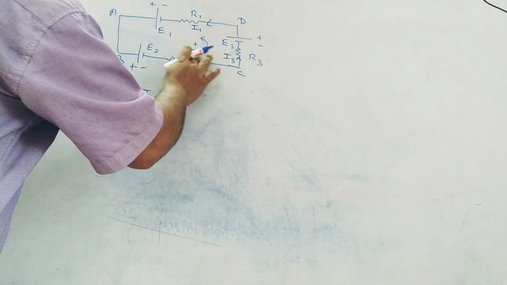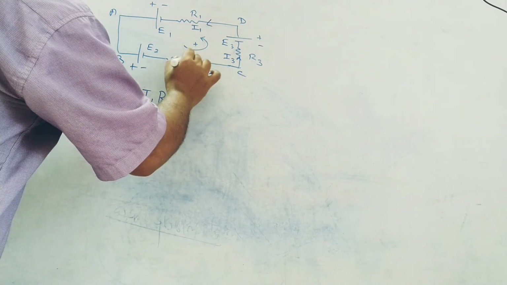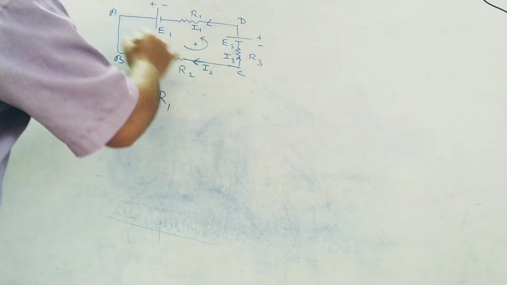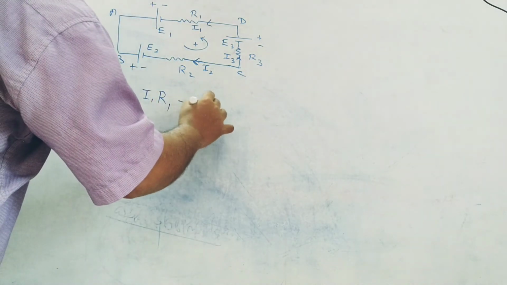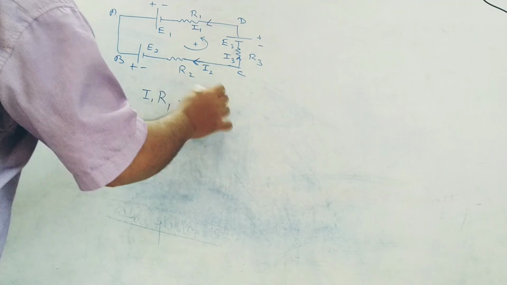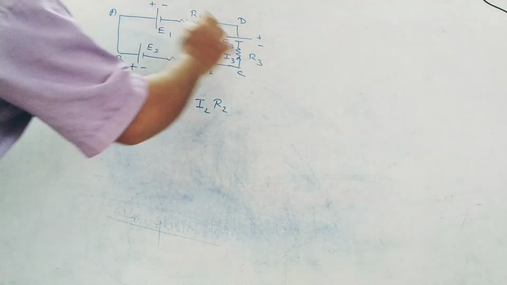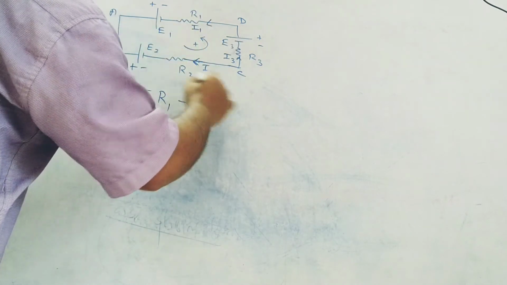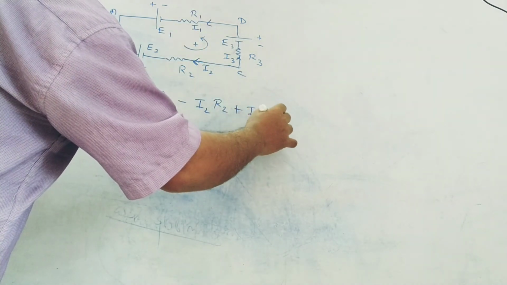But I2 flows in the negative direction. Therefore, I2 is negative and the product I2 R2 is also negative. I3 flows in anti-clockwise direction. That's why I3 R3 is positive.